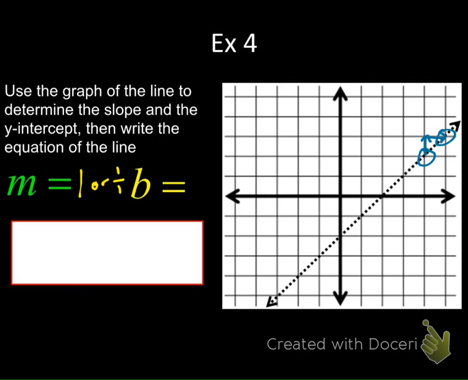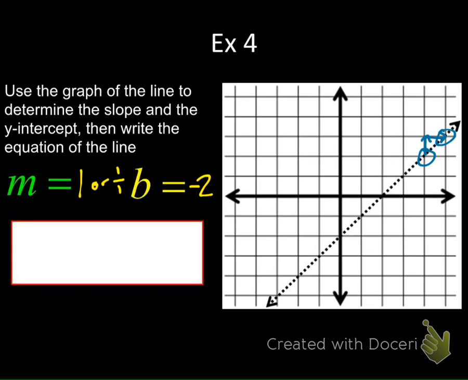What's b equal? Kaylon? That's the right number, but you're missing something. Negative. -2. So my y-intercept is -2 because the line crosses at 0, -2. Right?